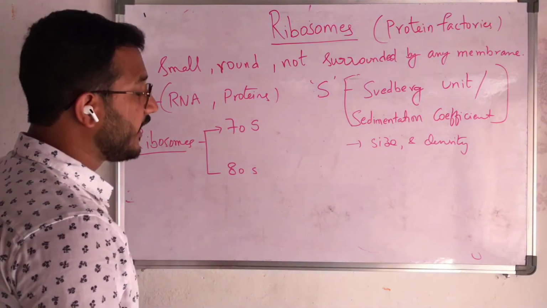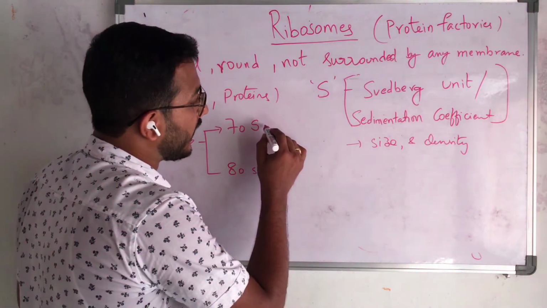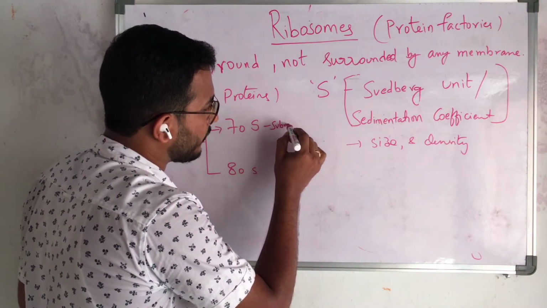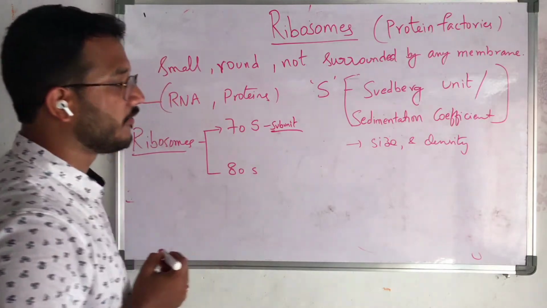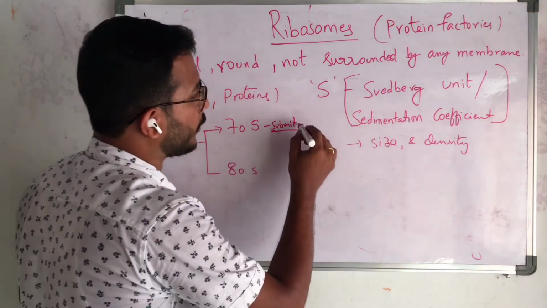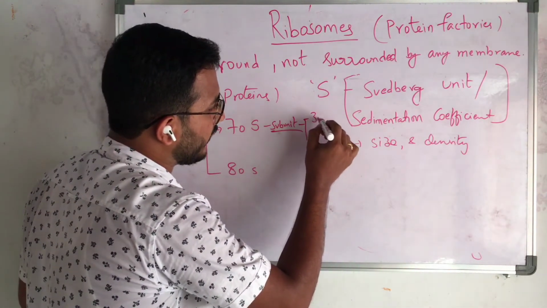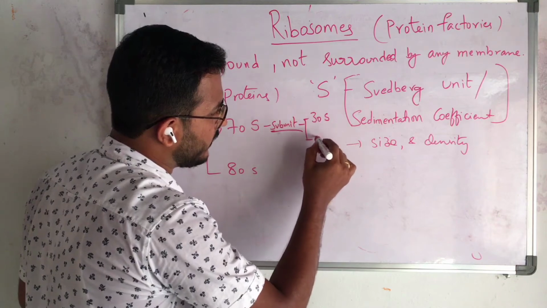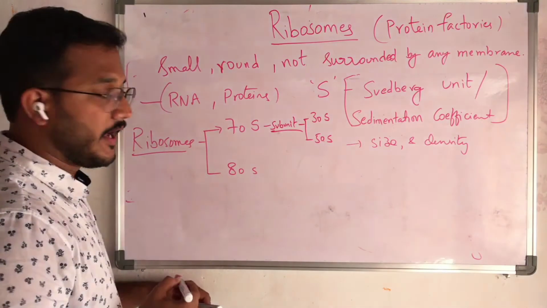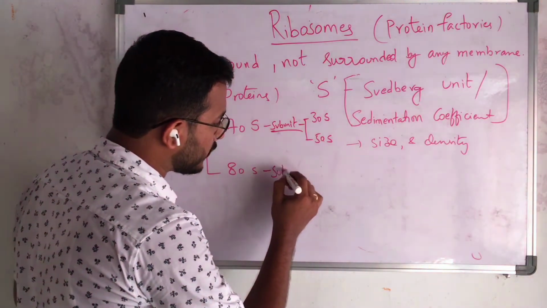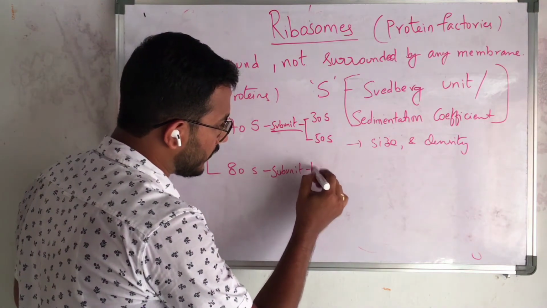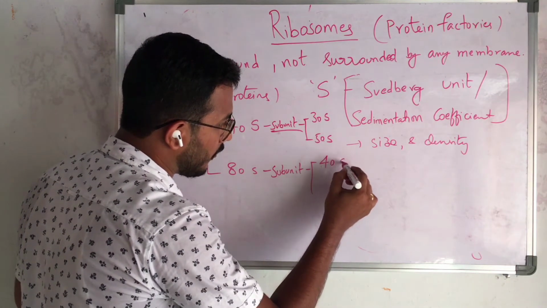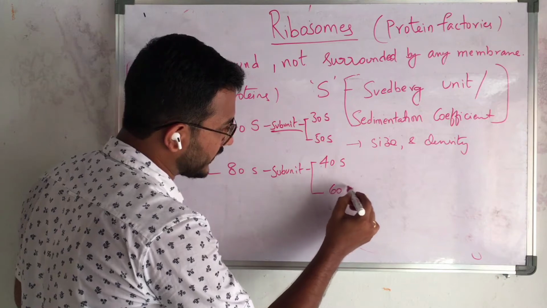The 70S type also contains subunits. The subunits of 70S ribosomes are two, 30S and 50S. And the subunits of 80S ribosomes are again two, 40S and 60S.